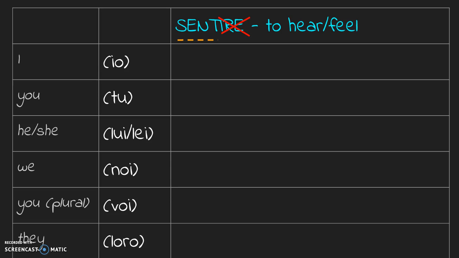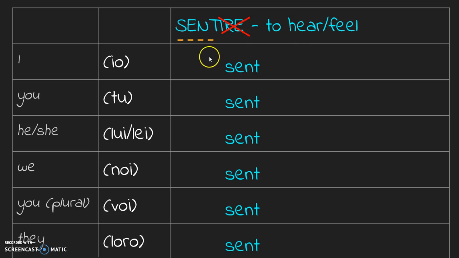We start off all of our conjugated forms with our stem. Sent, all the way down. And now we add our conjugated endings, our -ire verb endings. These are -o, -i, -e, -iamo, -ite, -ono.